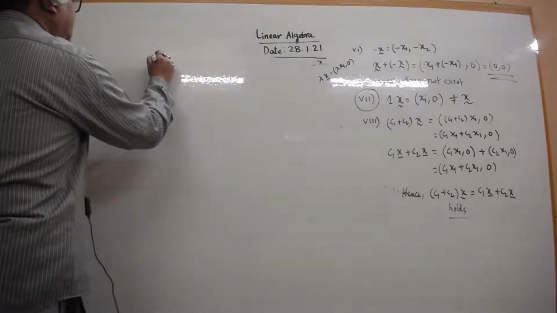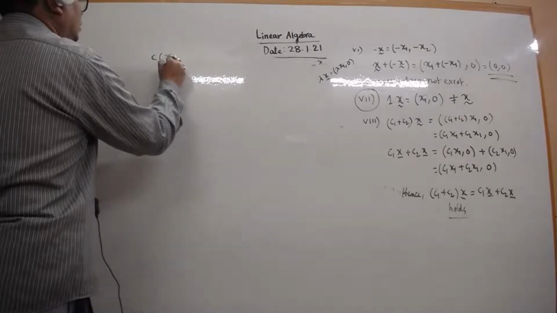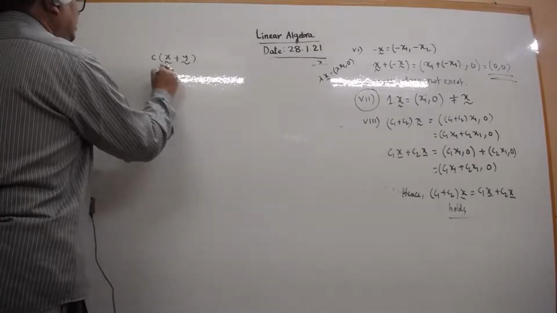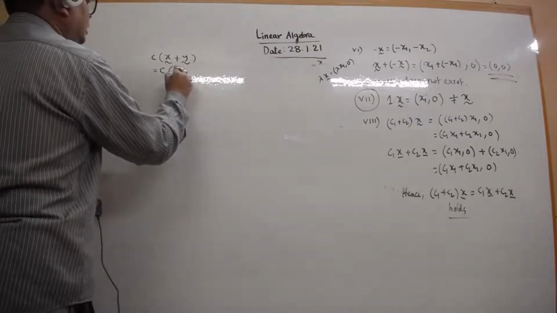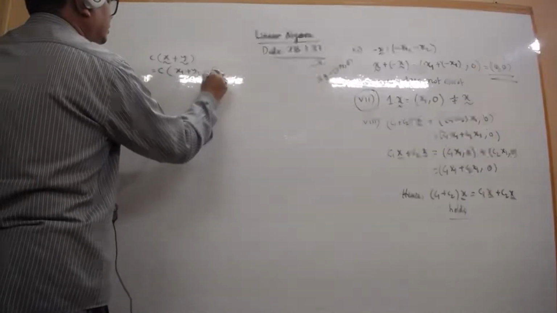Next property, C times (x curl plus y curl). This is equal to C times (x1 plus y1, 0).